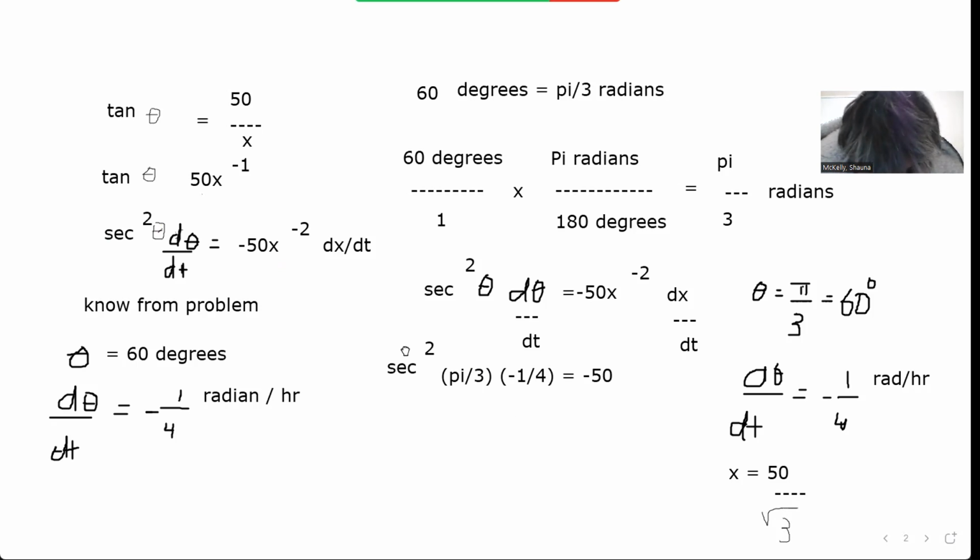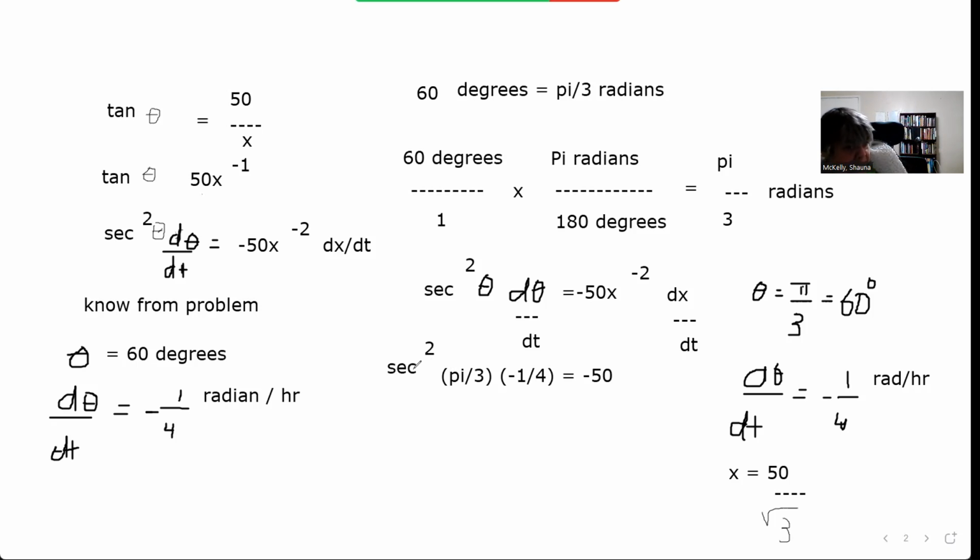So we have now pi thirds is 60 degrees. Secant is 1 over cosine. Cosine of 60 is a half. So 1/2 squared is 1/4. Okay, secant squared of that. So remember that was cosine squared.